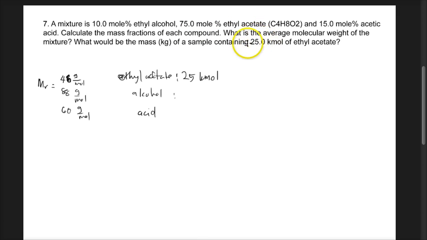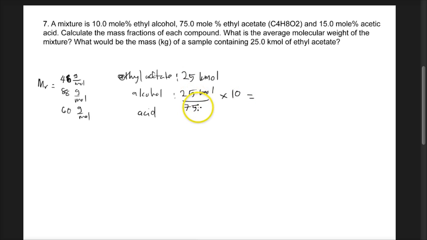So we need to find the amount of mole of ethyl alcohol and acetic acid. This 25 kilomole is equal to 75 mole percent of the mixture, and for alcohol it is 10%, so we multiply it by 10%.